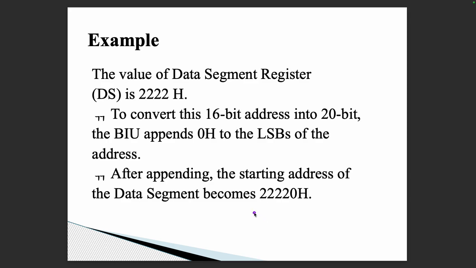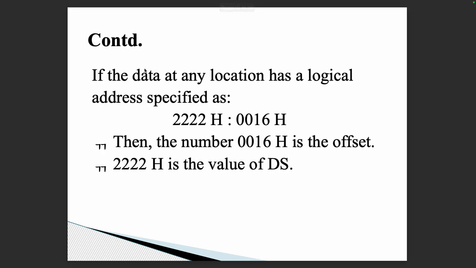Yes. और इस चीज में हमें क्या ऐड करना है? हाँ जी, offset. We have to add offset to it, right? Hide screen brush. So here, if the data at any location has logical address 2222, okay, और offset है 0016, say 16 इसका offset है.